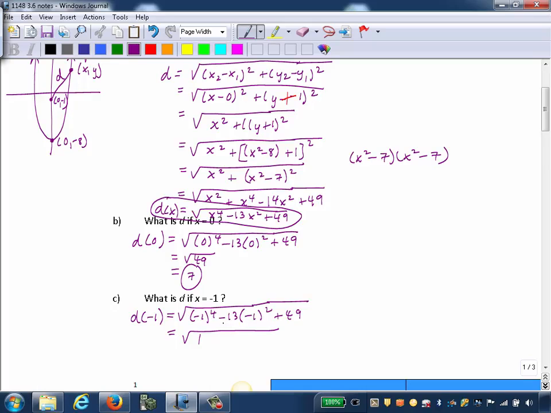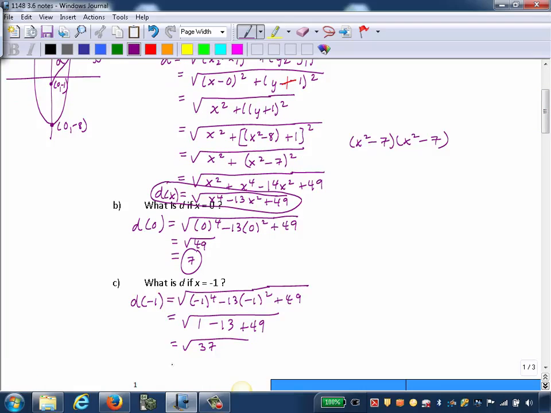Negative 1 squared is 1, so times negative 13, that's negative 13, plus 49. So 1 minus 13 is negative 12. Negative 12 plus 49 would give me 37. So the exact value of the distance would be the square root of 37. If we enter that into the calculator, that's going to give us approximately 6.08. Just pay attention in the problem in MyMathLab whether it wants the exact answer, the square root of 37, or an approximated answer.